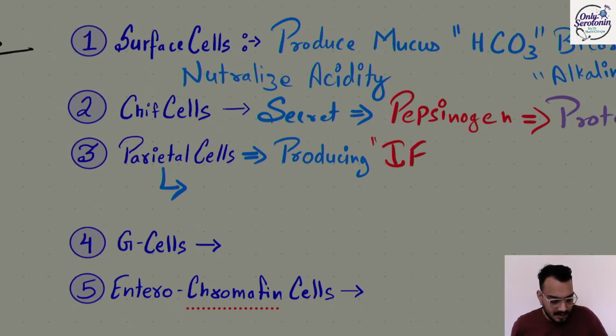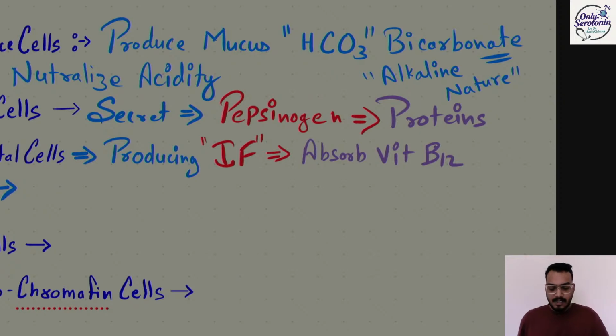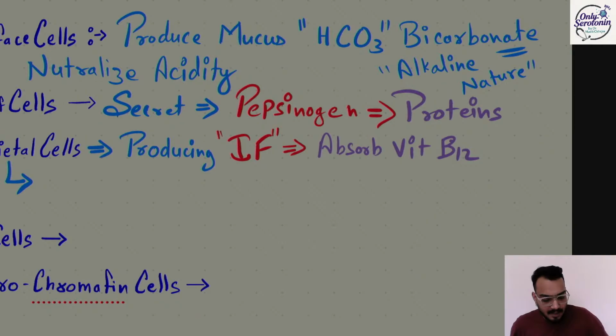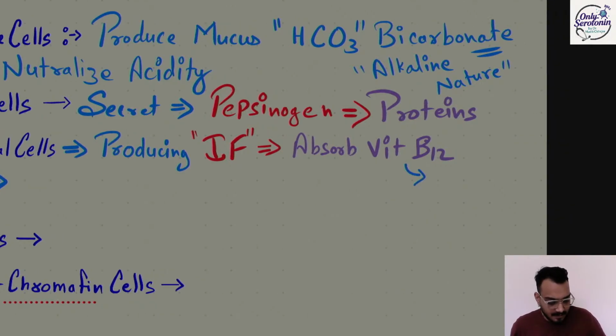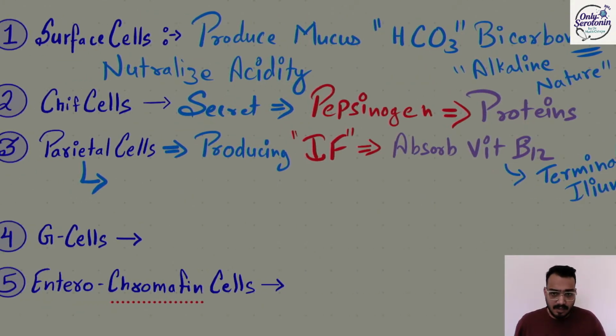This intrinsic factor is helping me to absorb vitamin B12. Where is vitamin B12 absorbed, guys? It is your FMG exam question. It is going to be absorbed in the terminal ileum.